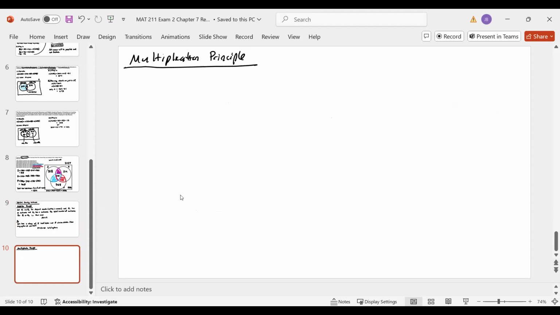So the idea here is, let E1 and E2 be events with M and N possible outcomes, respectively.